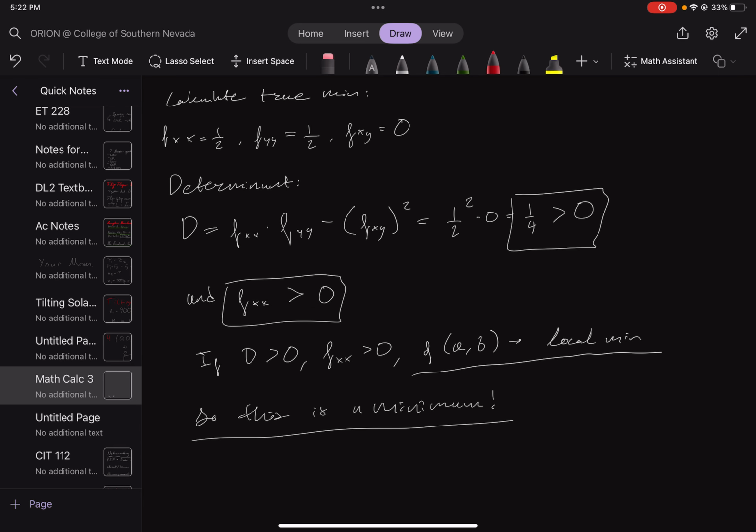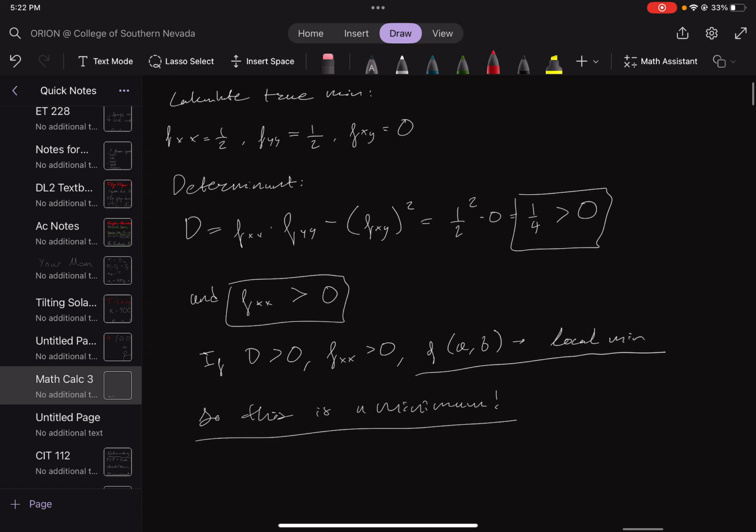We took the second derivatives of each of the partials. So f sub x x is 1/2, f sub y y is 1/2, and f sub x y is 0, because once you differentiate with respect to the opposite variable, it immediately goes to 0, since that variable is not in the function anymore. So we got 1/2, 1/2, and 0.